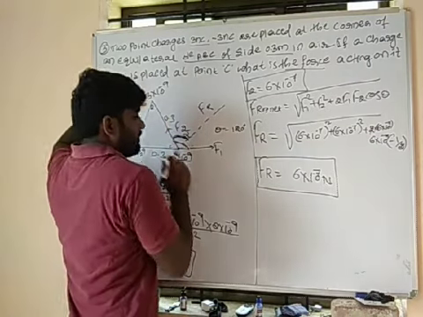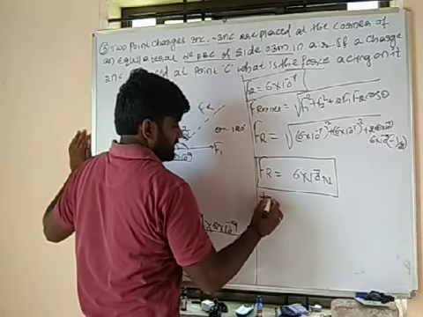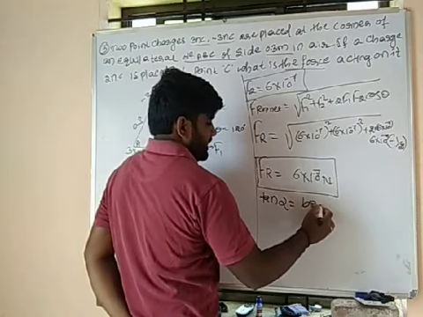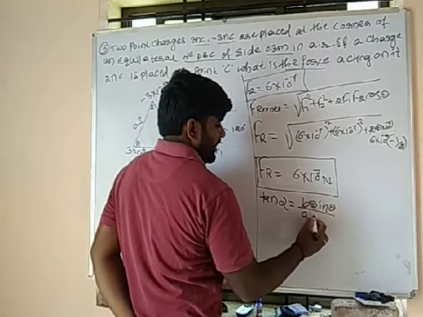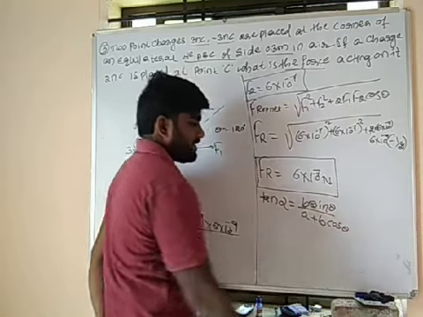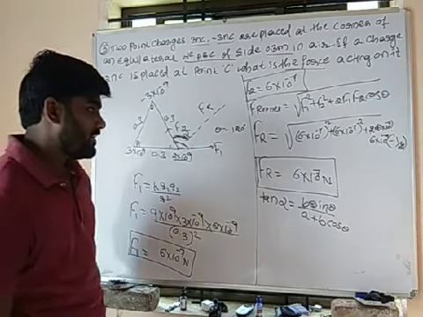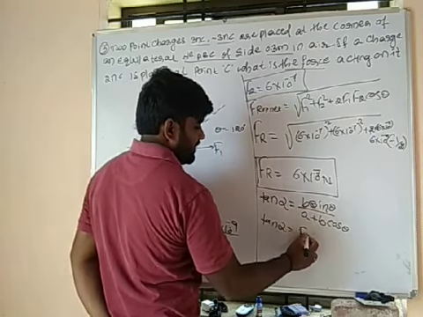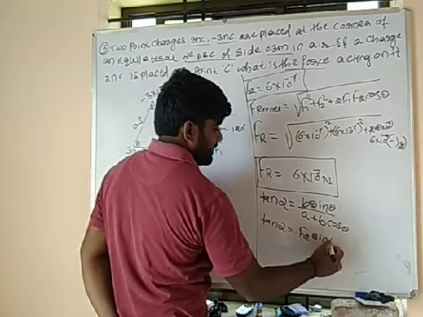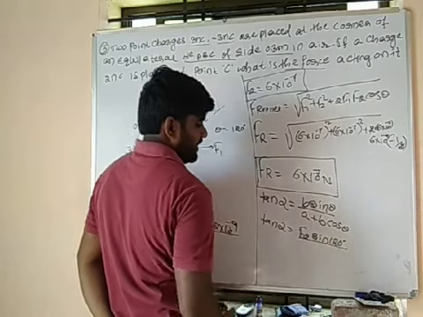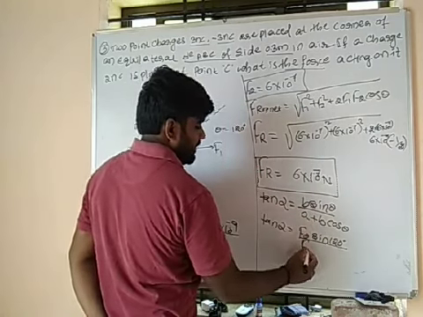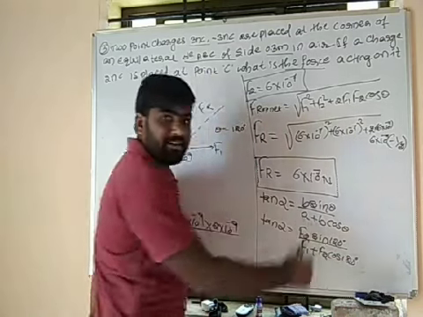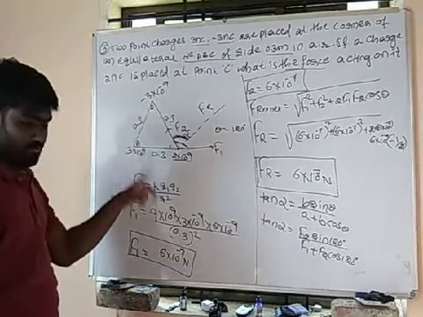Then to find alpha, we know that tan alpha is equal to B sin theta divided by A plus B cos theta, from first year. So B means what here? This tan alpha is equal to, B means F2 sin 120 degree divided by A means F1 plus F2 cos 120 degree. Okay, I will remove this.